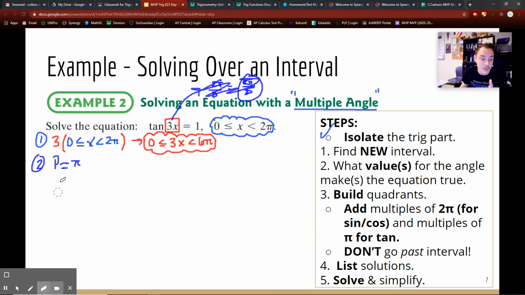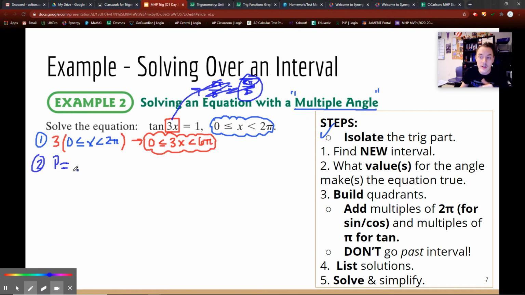So technically, this is what I'm doing. My new period is from 0 to 6 pi. So now I would do 6 pi all over my b, which is 3. So now it's 2 pi, which, of course, correlates to this. But I don't want to confuse you about that. So those are only for the really, really intuitive kids that catch that.